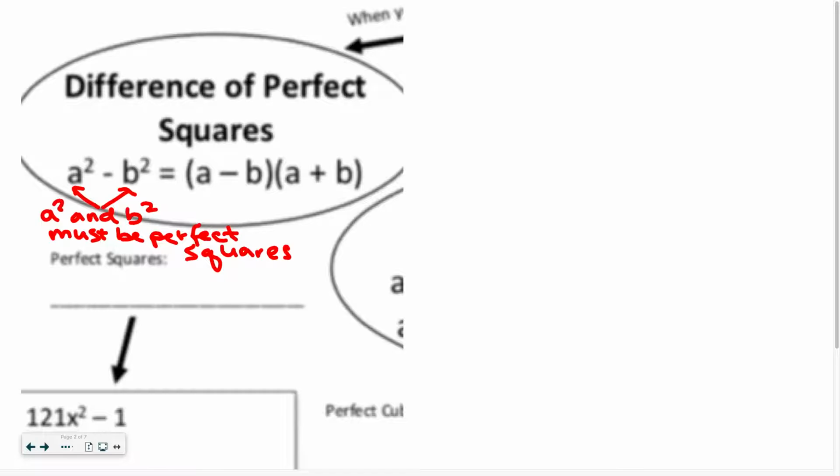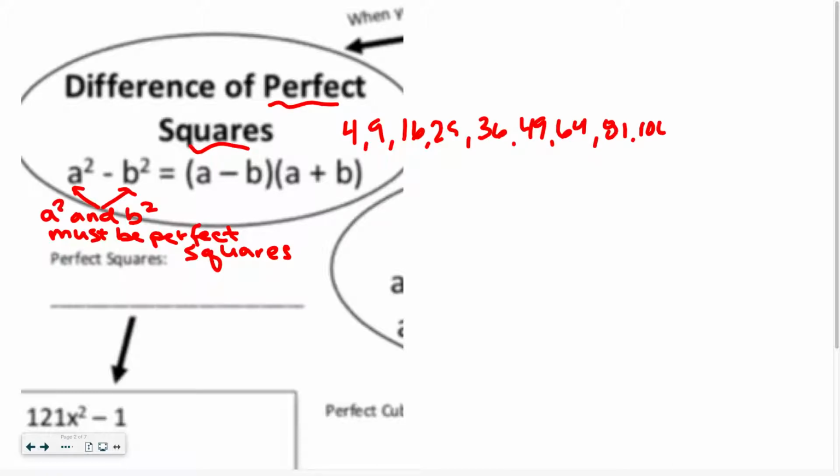So let's see if we can create a list of perfect squares. What are some number perfect squares? 4, 16, 9, 36, 64, 25, 49, 81, 100, 121, 144.